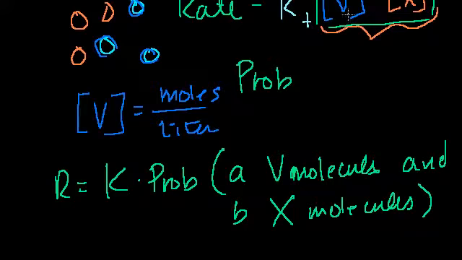Obviously, the higher the concentration, the higher the moles per liter, the more likely you're going to find that many molecules in that little small space that you care about, and the temperature and the configuration are going to matter more.